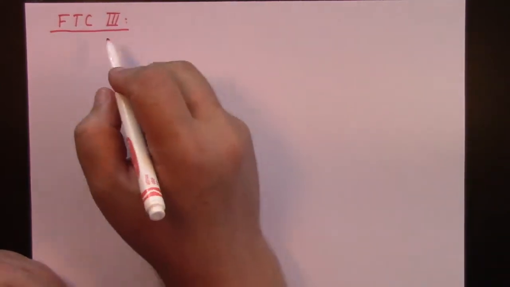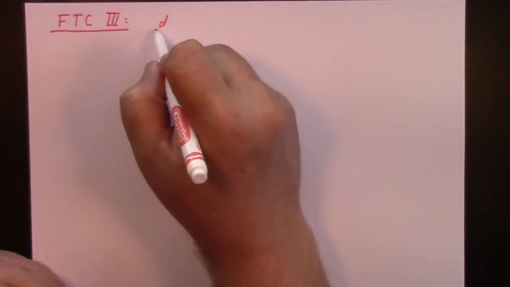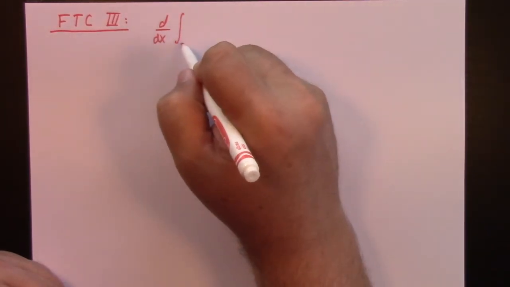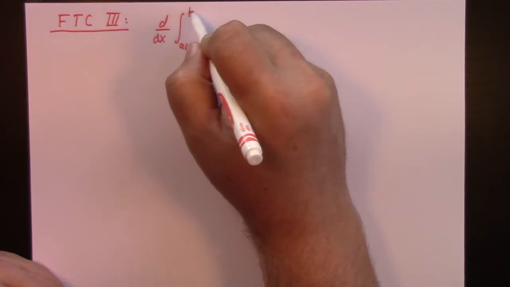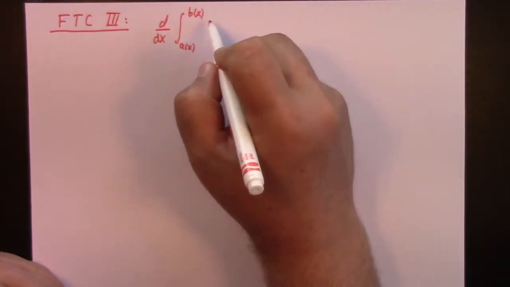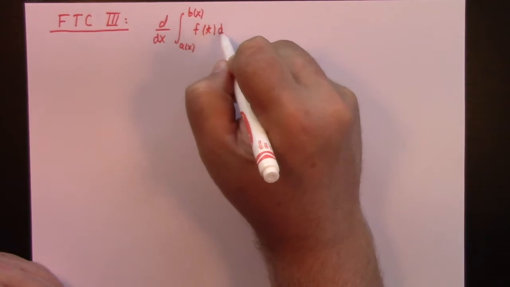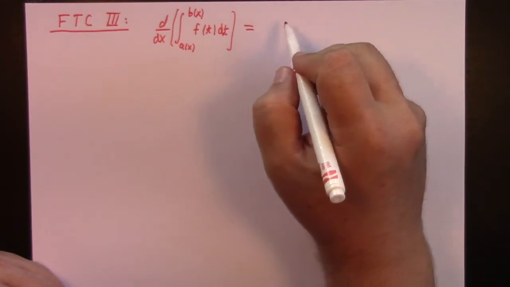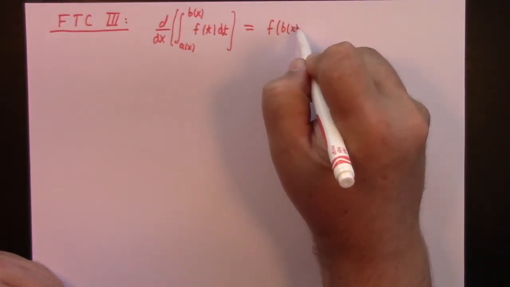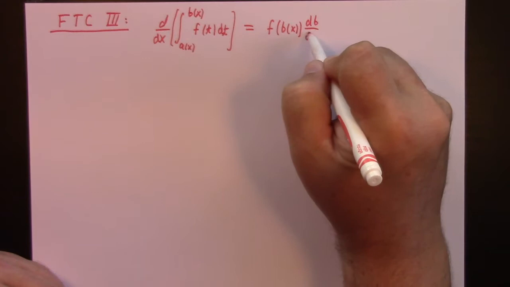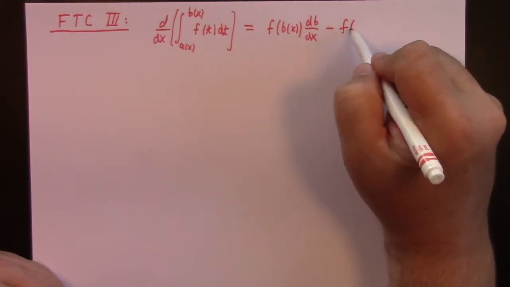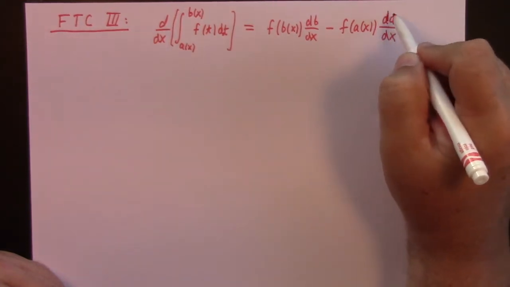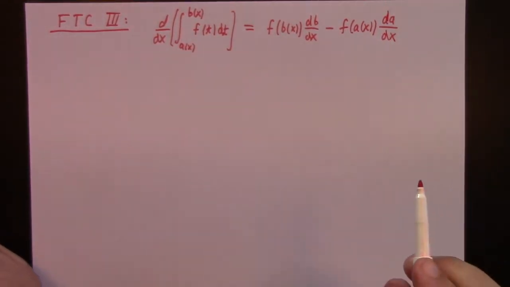FTC3, in my estimation, is this: d/dx of the integral from a(x) to b(x) of f(t) dt. What is this equal to? Well, this is equal to f(b(x)) times db/dx minus f(a(x)) times da/dx.